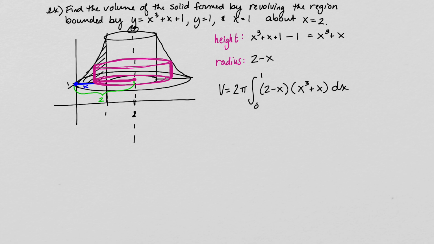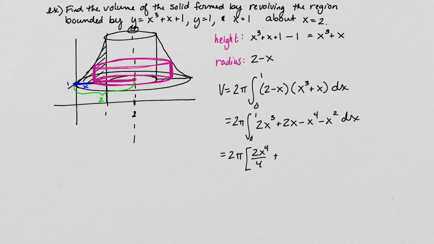To be able to do this integration, we have to multiply those things out. So this is going to be 2 pi times the integral from 0 to 1 of 2x cubed plus 2x minus x to the fourth minus x squared dx. There's nothing I can put together, so we have 2 pi times 2x to the fourth over 4 plus 2x squared over 2 minus x to the fifth over 5 minus x cubed over 3, evaluated from 0 to 1.